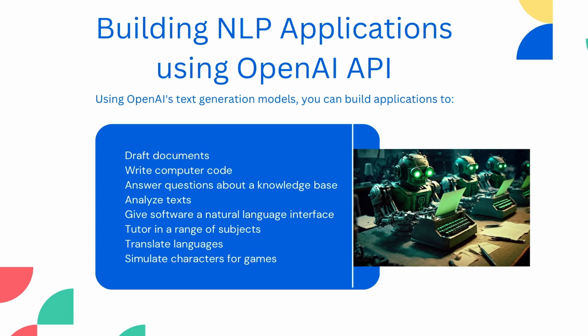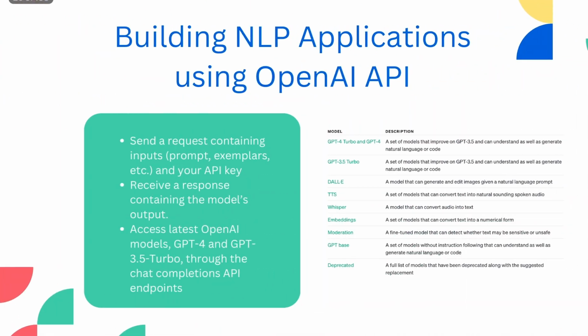The ability of language models like LLMs to develop new ideas has to be powered by these serverless deployments. For example, OpenAI has deployed models like GPT-4 Turbo, GPT-4, and GPT-3.5 Turbo, which is a set of models that improve GPT-3.5 understanding.